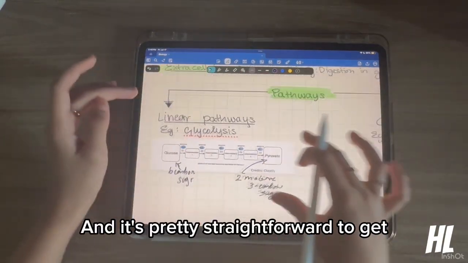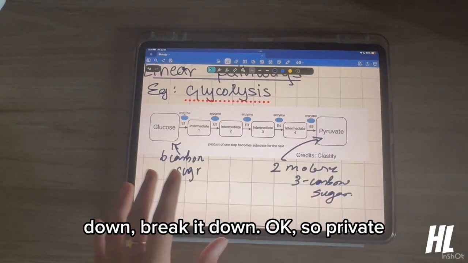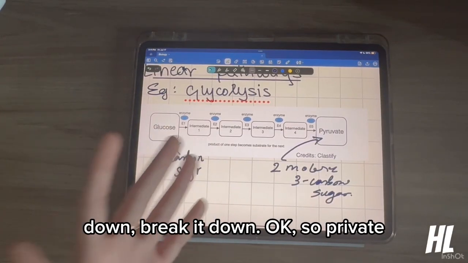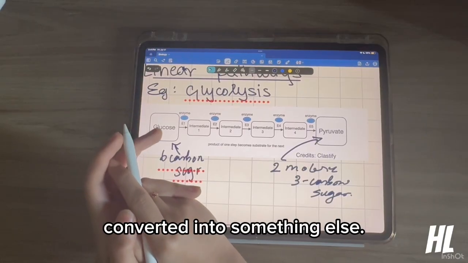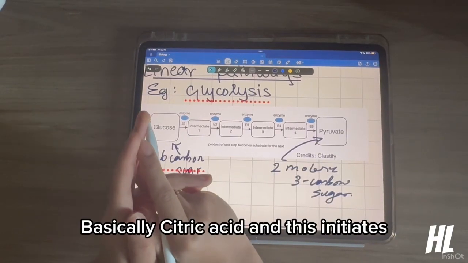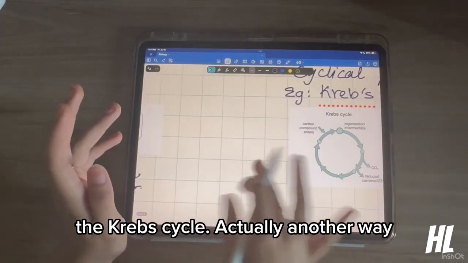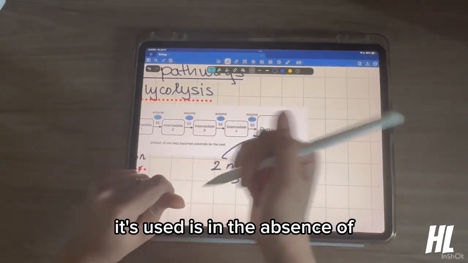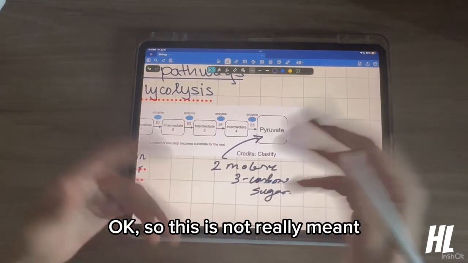And it's pretty straightforward. To get this, we break it down. Pyruvate is transported into mitochondria and converted into something else, basically citric acid, and this initiates the Krebs cycle. Actually, another way it's used is in the absence of oxygen, when it's converted into lactic acid.